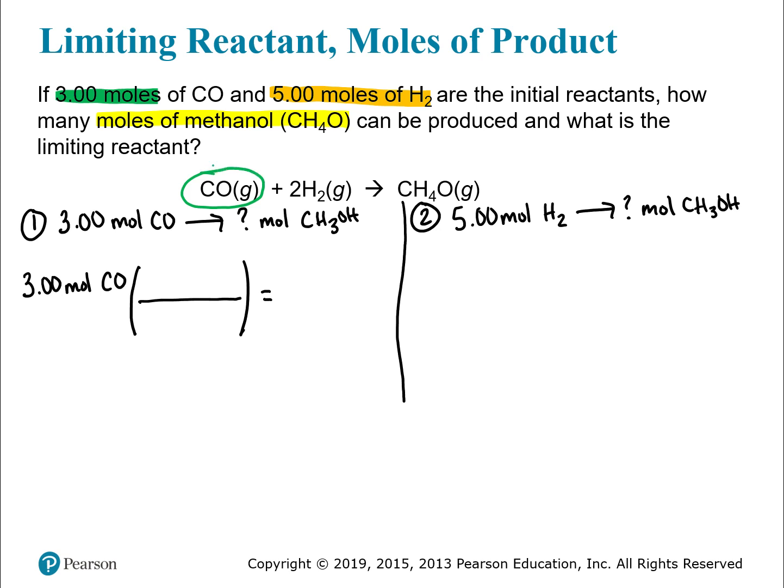Here's our carbon monoxide. Here's our methanol. The yellow doesn't show up super well, so I'm not going to write in it. We need to get from carbon monoxide to methanol. So that means the moles of carbon monoxide from the chemical equation should go in the bottom of our mole-mole factor.